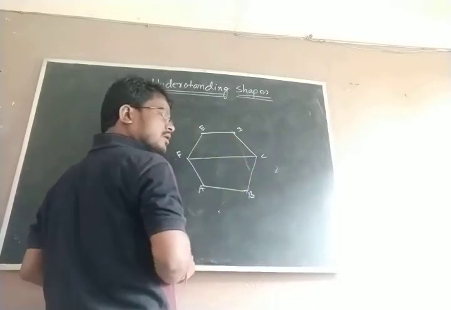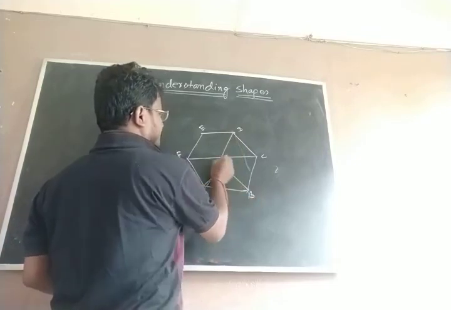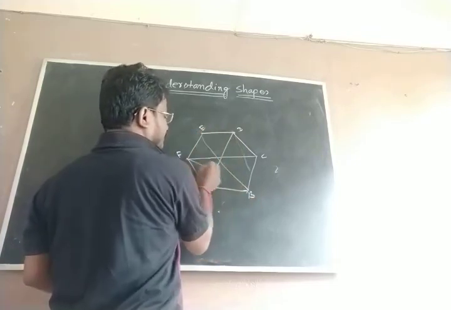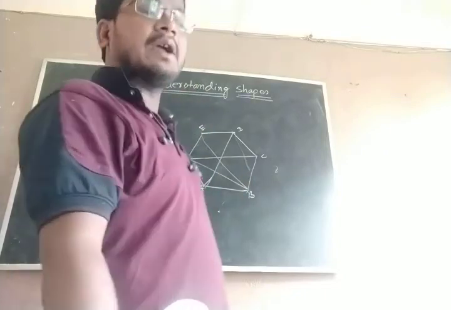This is a diagonal. This is a diagonal. This is a diagonal. This is also a diagonal. These are called the diagonals.